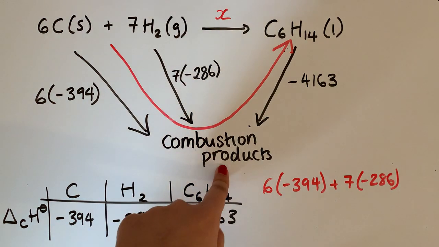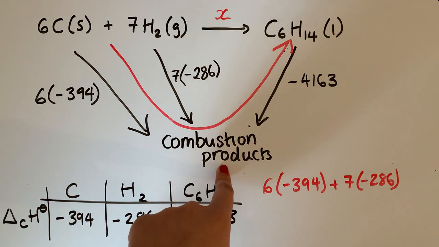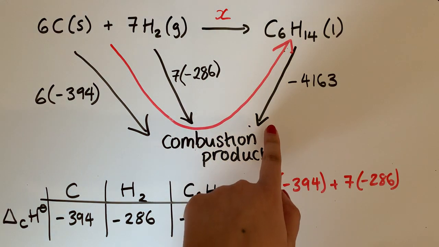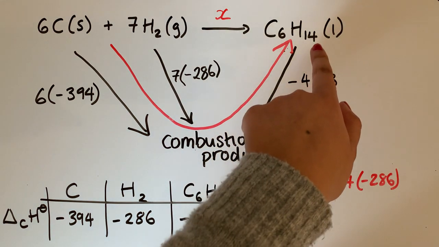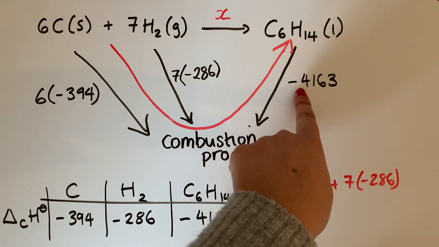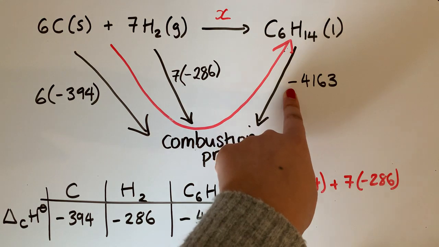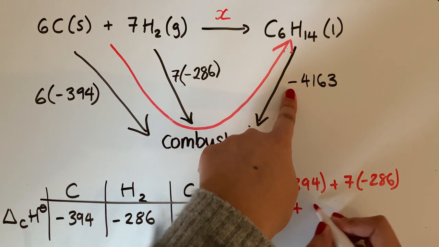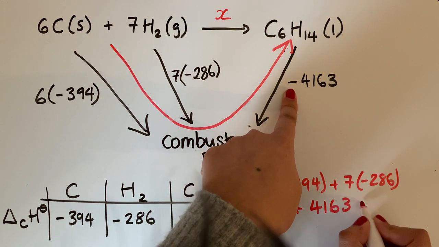And that gets us to our combustion products. We then want to get to our actual products, so we're going to go in the opposite direction of this black arrow. Remember, if we're going in the opposite direction, we change the sign, so rather than minus 4163, we're going to do plus 4163.